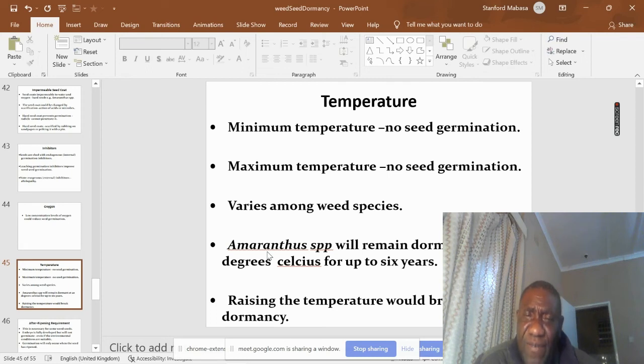However, we should have optimum temperatures which are required by each weed species. So this can vary among weed species. For example, Amaranthus species will remain dormant at 20 degrees Celsius for up to 6 years. So raising the temperature would actually break dormancy.